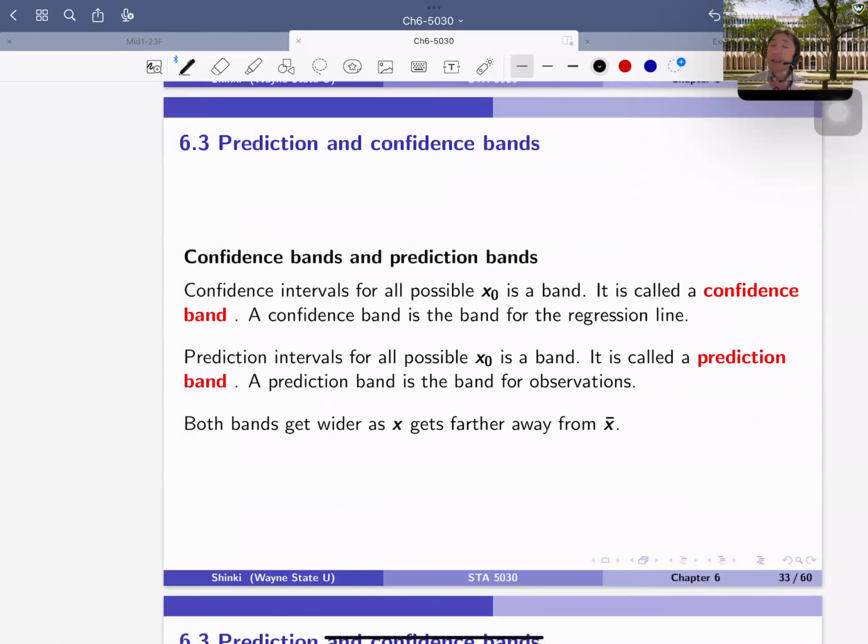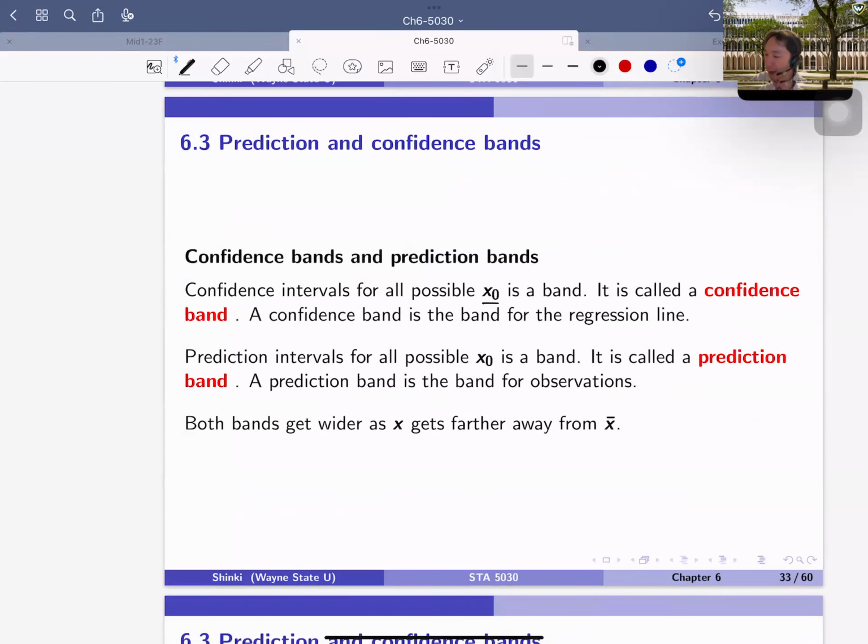The next topic is confidence bands and prediction bands. The confidence band corresponds to the confidence interval: the confidence intervals for all possible x naught form a band. If we have an x-axis and a y-axis, for each given x value we can calculate a confidence interval like this.